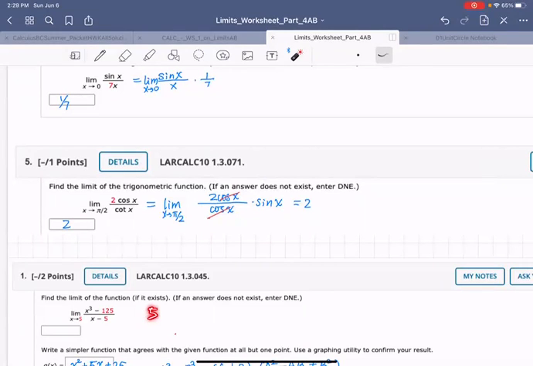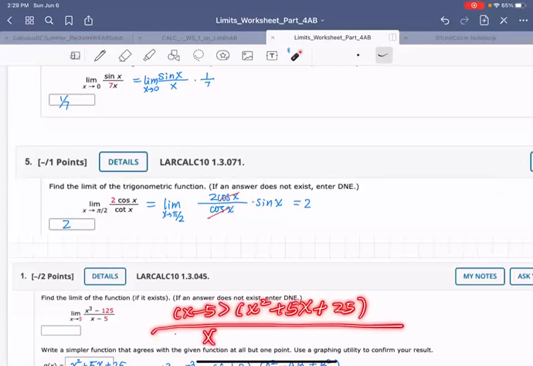125 is 5 cubed. So this is x minus 5 times x squared plus 5x plus 5 squared. We are doing this pattern again and again.